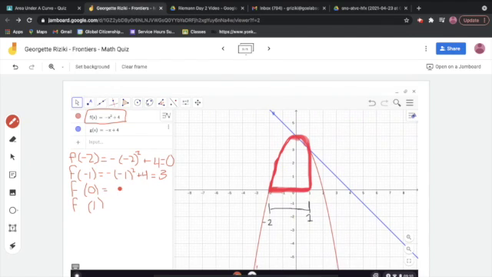And then we have 0, so negative parentheses 0 squared plus 4. Now obviously, 0 times 0 is going to be 0.